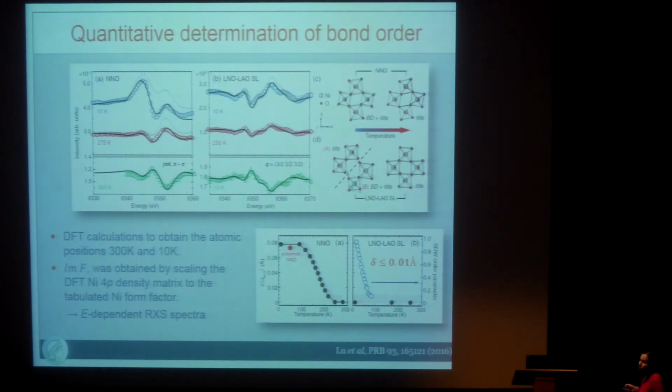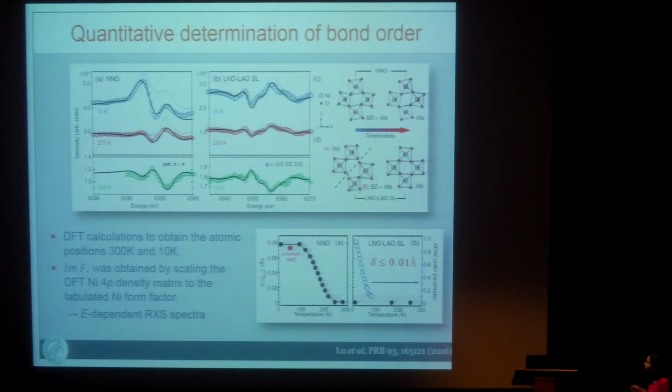However, at low temperatures, where the system goes into the charge ordered state, it's not enough to describe the observed energy dependence, and here we need to consider bond disproportionation plus the tilt. In case of the lanthanum nickelate superlattice, we can describe the full temperature dependence and also the energy dependence for different polarizations by only taking into account the tilts.